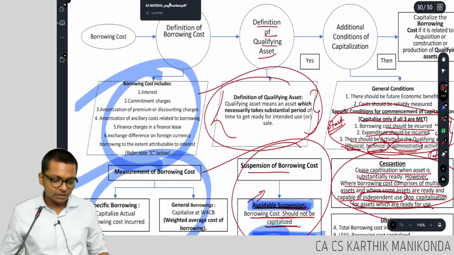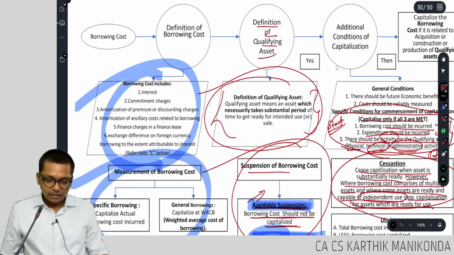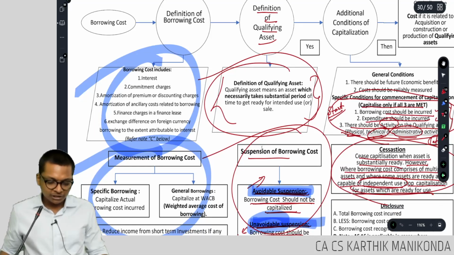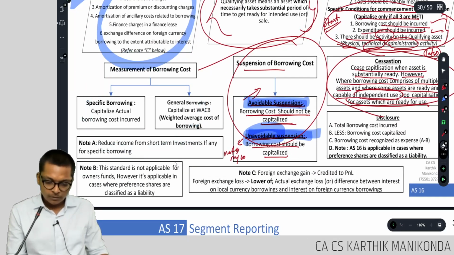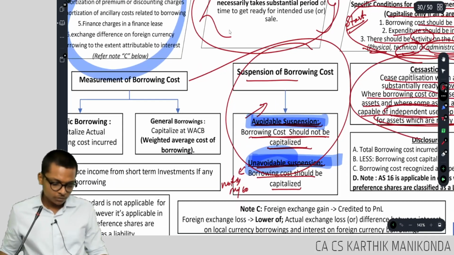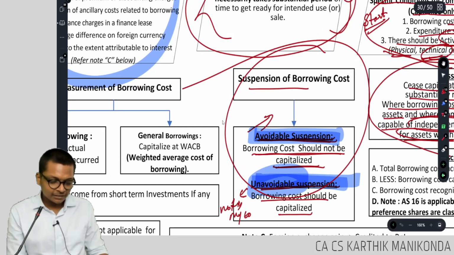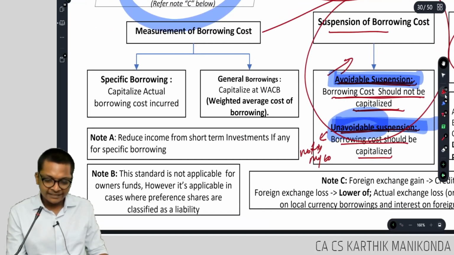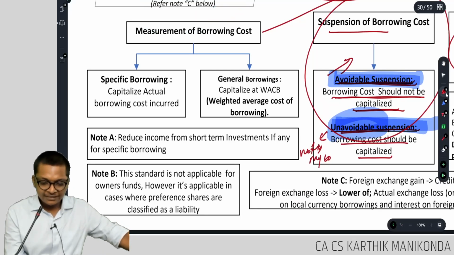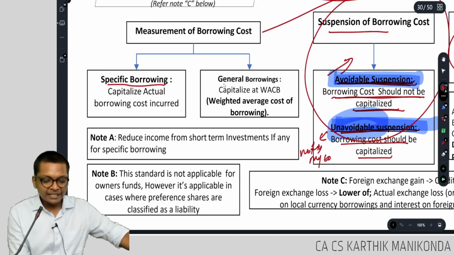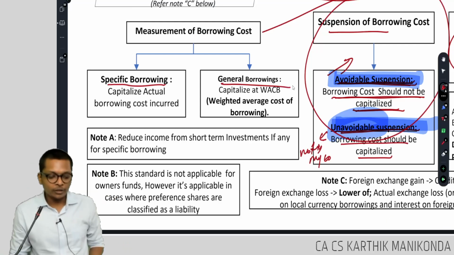Let me show you the notes. Look at this: measurement of borrowing cost, very simple. The simple notes I have given you, continuing from the previous discussion. Specific borrowing and general borrowing.